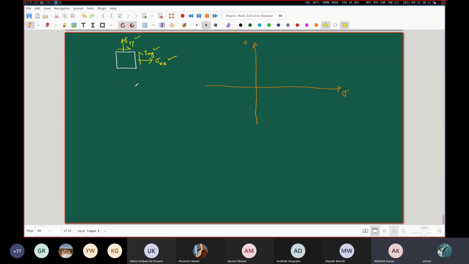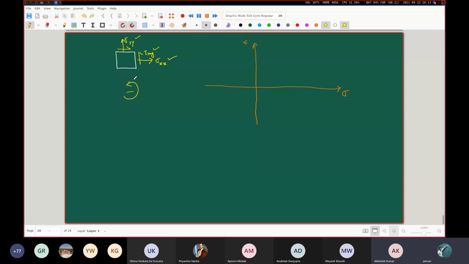The convention is like this. For every shear stress that has a tendency of rotating the stress element in the counterclockwise direction, in the sigma tau plane it is taken as a negative value.